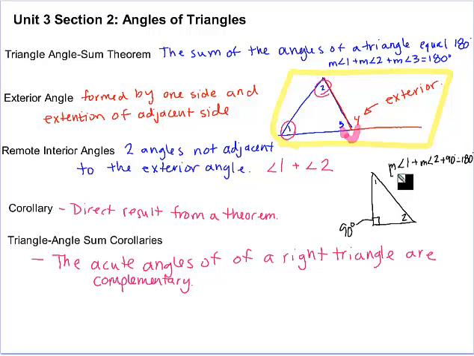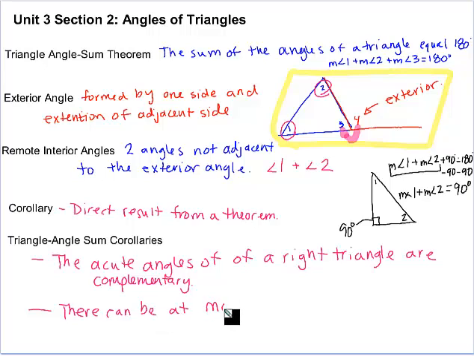Well, if I just want to get my other two angles alone, I would subtract the 90 from both sides. So that means angle 1 plus the measure of angle 2 should equal 90 degrees, which is the definition of complementary. So that is just a corollary of our angle sum theorem. So if we have one 90-degree angle, or a right triangle, we know the remaining two angles must add to equal 90.